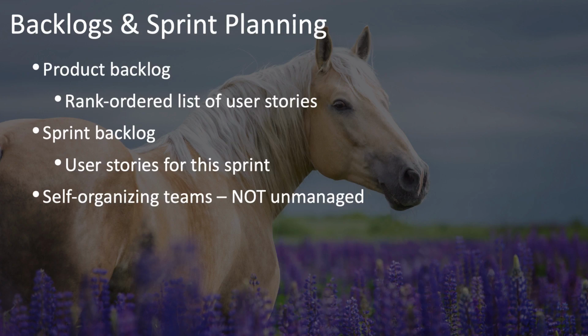These items should be taken from the top of the product backlog in rank order. You should not pull items from lower down on the list, unless there is some unavoidable technical reason to do so. And even then, you should take a closer look at how you could do them in rank order instead.